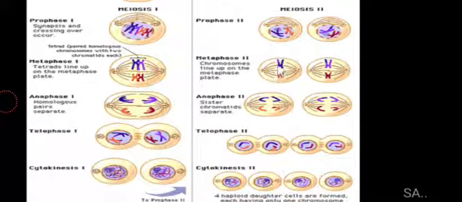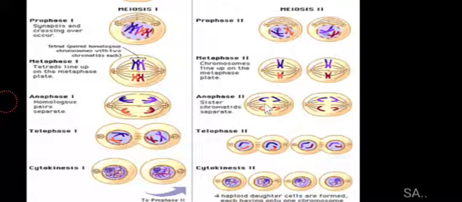Now you can see here these sister chromatids were attached with the help of the centromere. Now in anaphase 2, the centromere will split. Once it splits, these sister chromatids will also separate and they will move with the help of the spindle towards opposite poles, and at the same time their length will reduce. You can see in both of these cells.